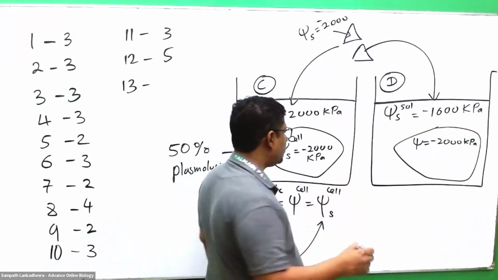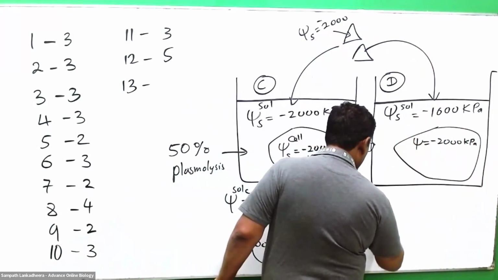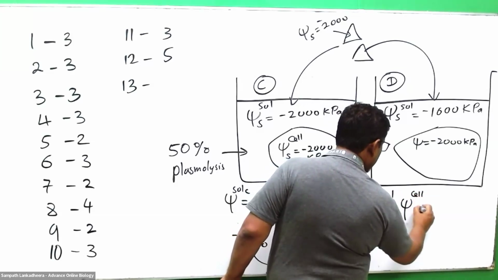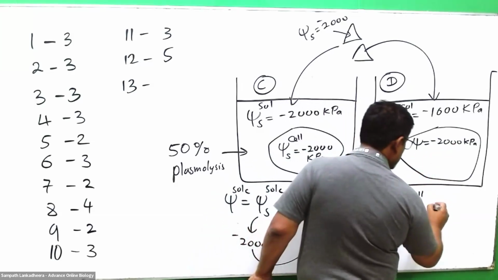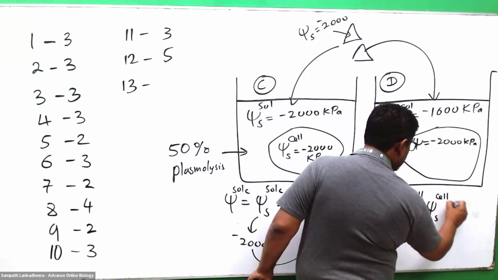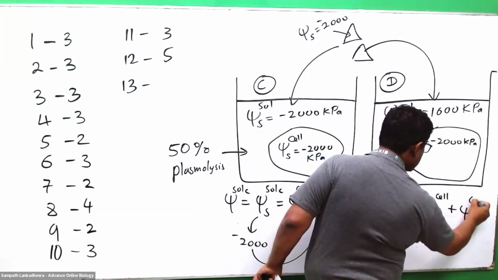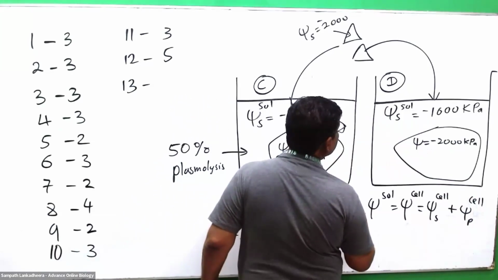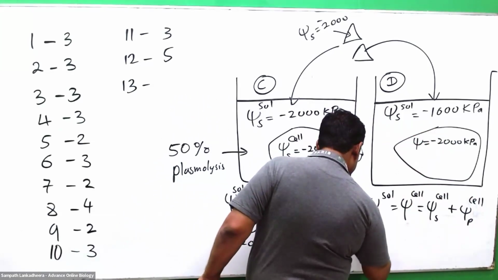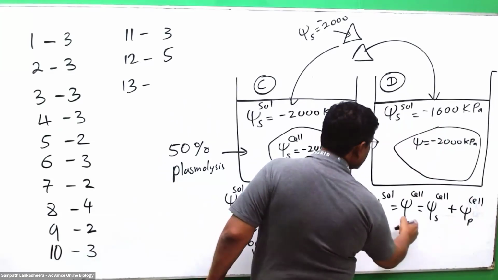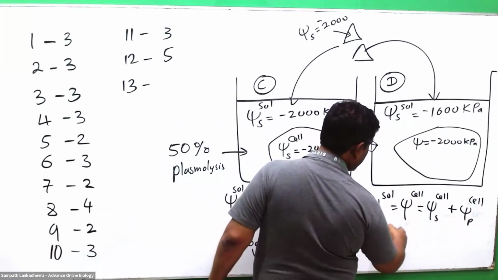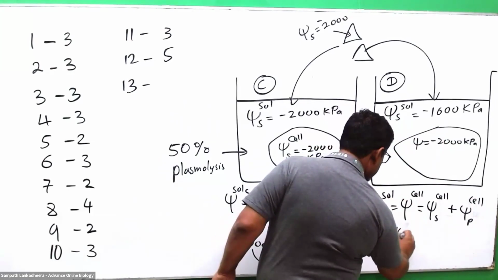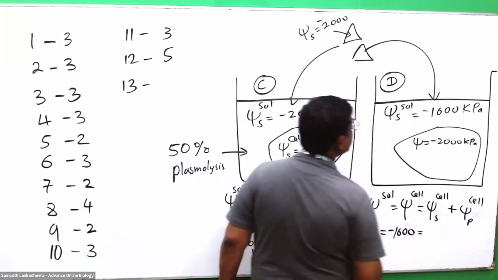At equilibrium, what do you know? The water potential of the outer solution is equal to the water potential of the cell, and that is equal to the solute potential of the cell plus psi p of the cell. This one is minus 1600. The cell value is the same.